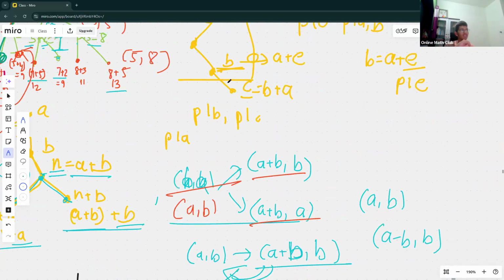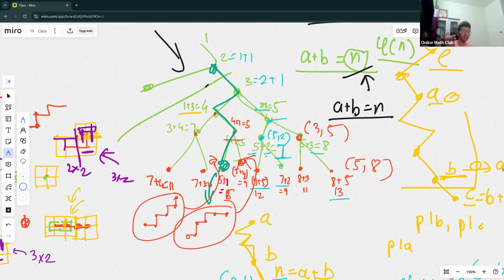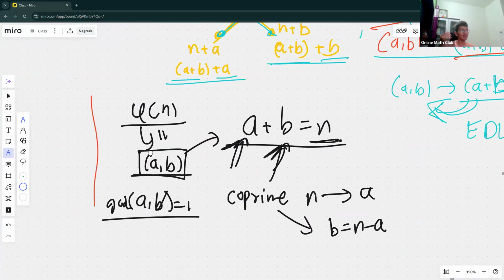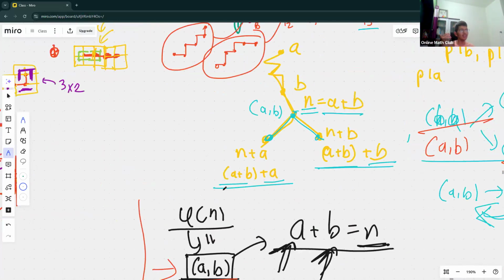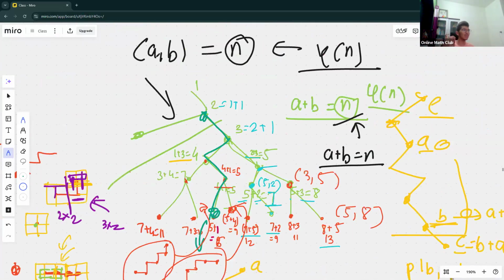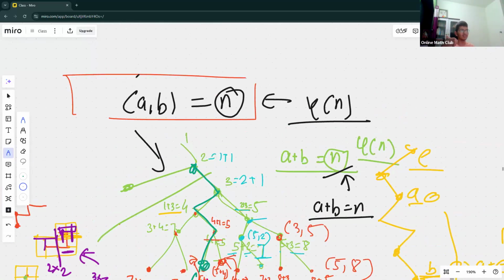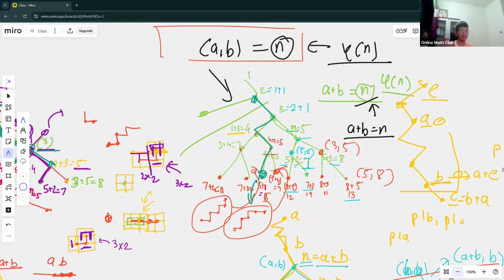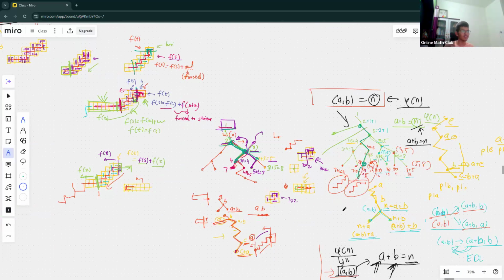Because initially everything is co-prime, later also everything is co-prime by the Euclidean division lemma. Because of this lemma, the number of pairs is equal to phi of n, and this tree will have all the pairs. So everyone understand how this problem actually works?